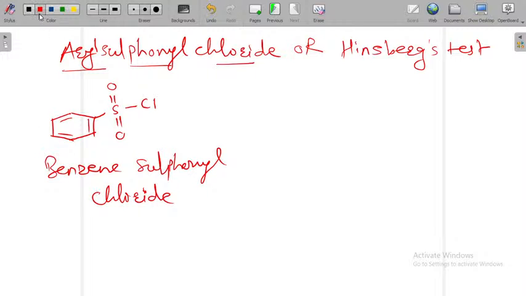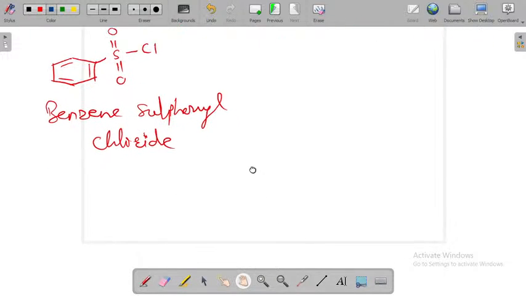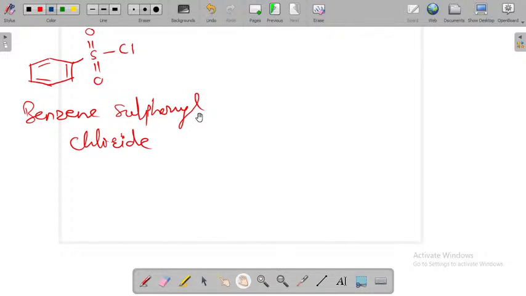Just sliding this upside. If you have written this structure, then we'll move to the primary, secondary and tertiary amines and the reactions of their classification.